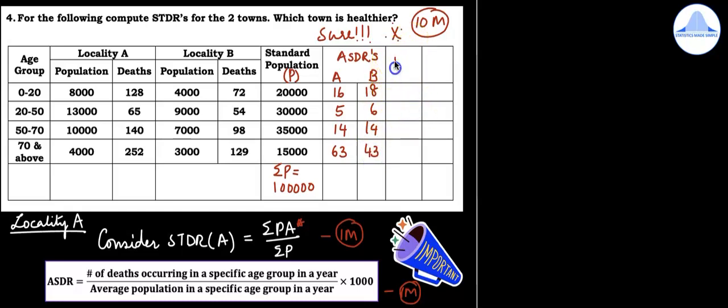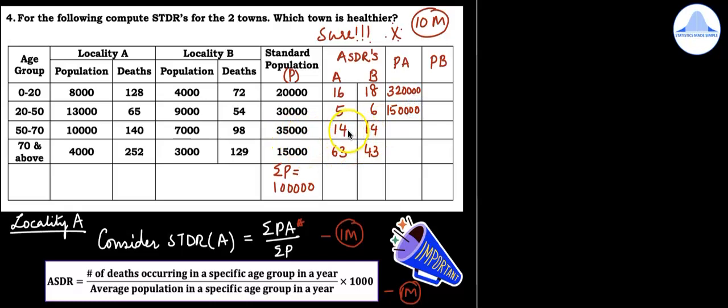Next, we have to find out PA and PB. This P stands for the standard population. So how do you calculate PA? It is 20,000 into 16, that is 3,20,000. Next it is 30,000 into 5, which is 1,50,000.